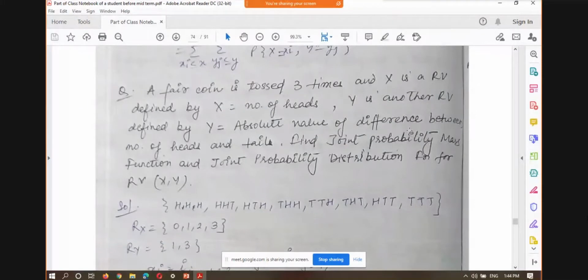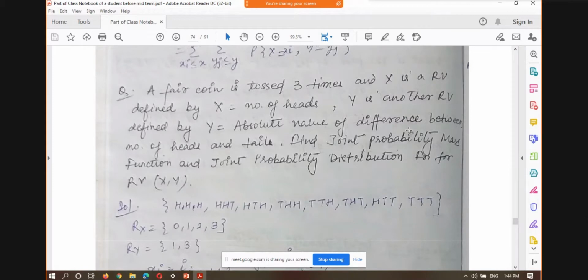Now, if in an exam I told you to solve this problem: a fair coin is tossed three times, and x is a random variable defined as the number of heads, and y is another random variable taking the absolute value of the difference between the number of heads and tails.